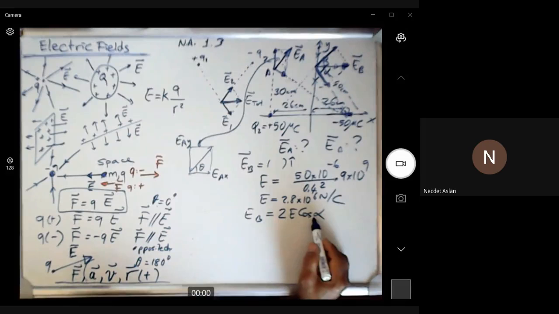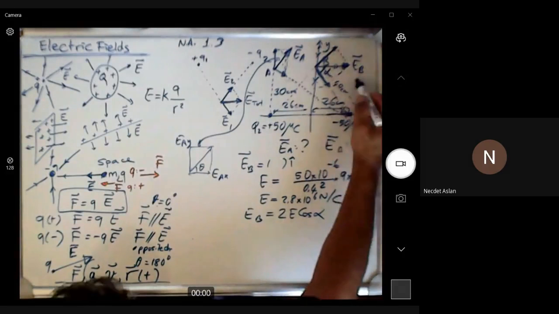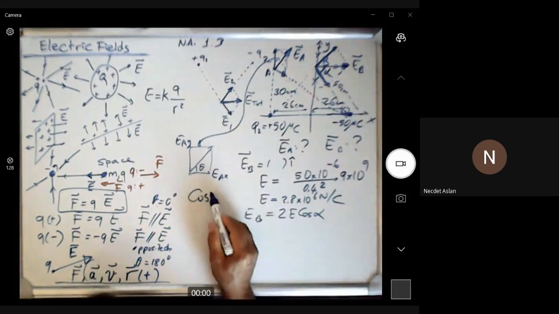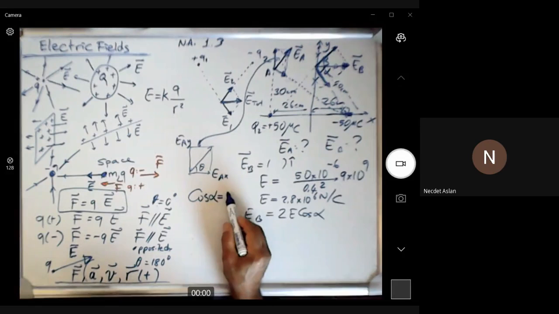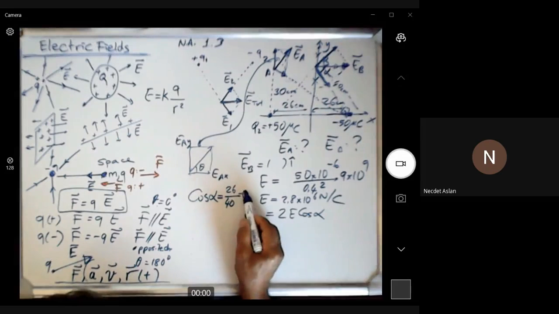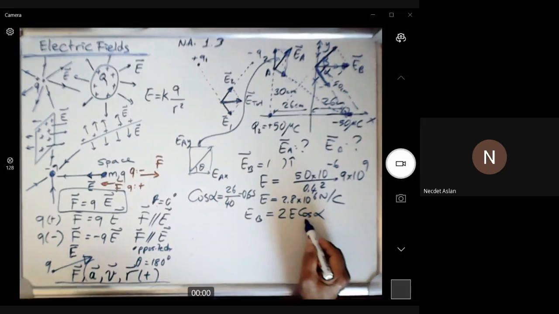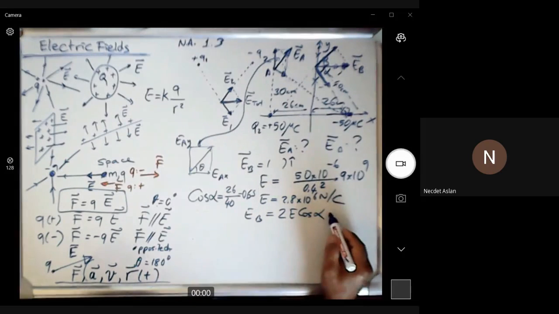Since we can use cosine, cosine alpha from here will be equal to 26 centimeters divided by 40, which is equal to just 0.65. So cosine alpha is 0.65.